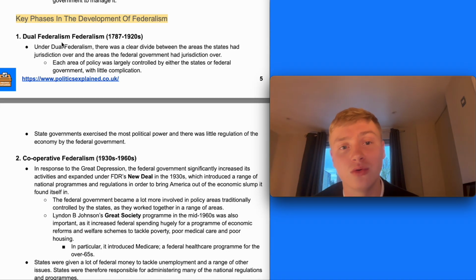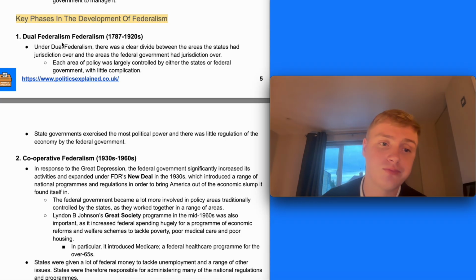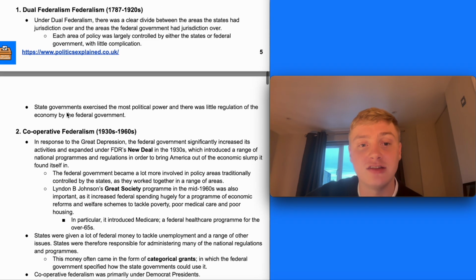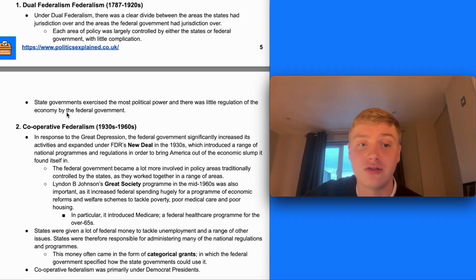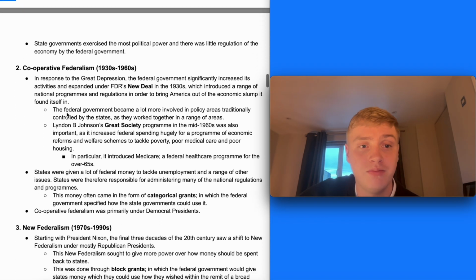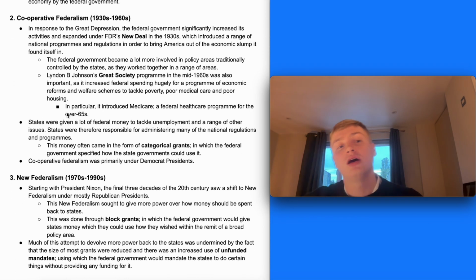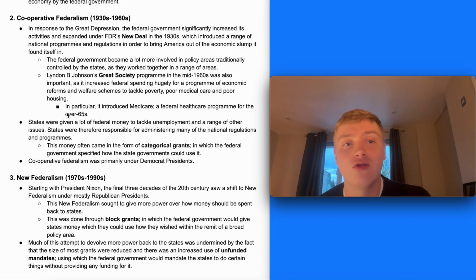And each area of policy was largely controlled by either the federal government or the states, with little complication or cooperation. And states exercised the most political power, and there was little regulation of the economy by the federal government.